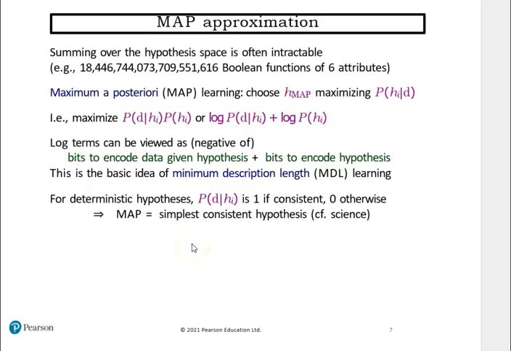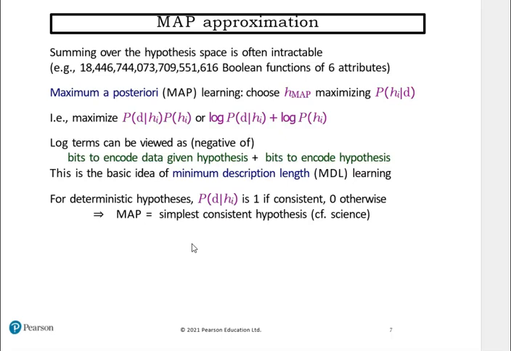So a very common approximation is to make predictions based on a single most probable hypothesis. So instead of getting the weighted average of the predictions from all the hypotheses, we just select the most probable hypothesis and use it to make our predictions.